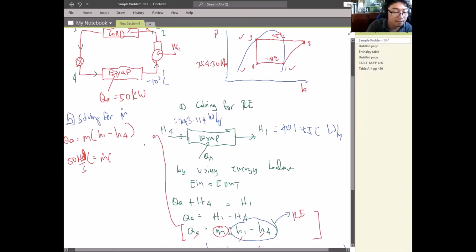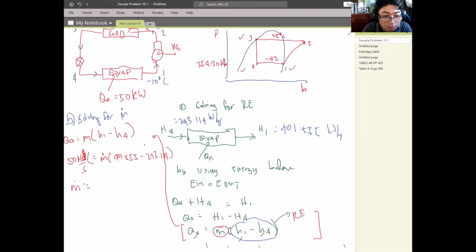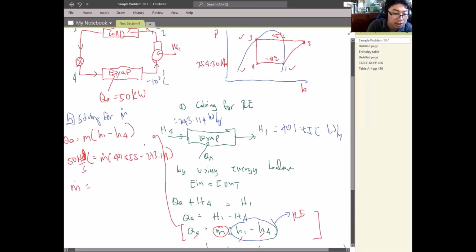So this will become mass flow rate because we have a second time in our equation. So H1 is 401.555 minus H4. So therefore, our mass flow rate will be 0.3156.